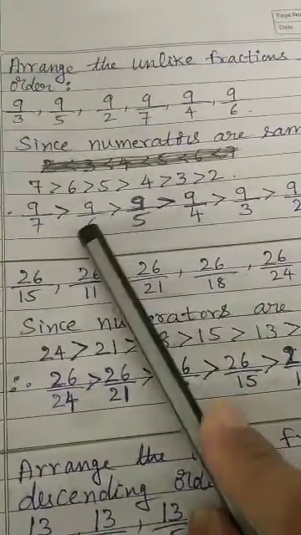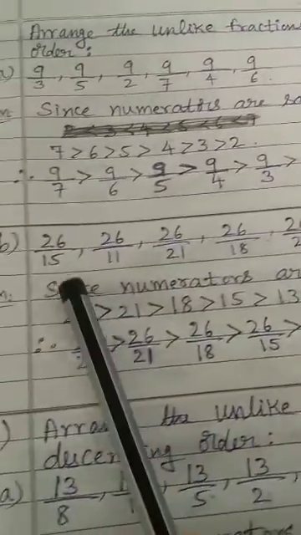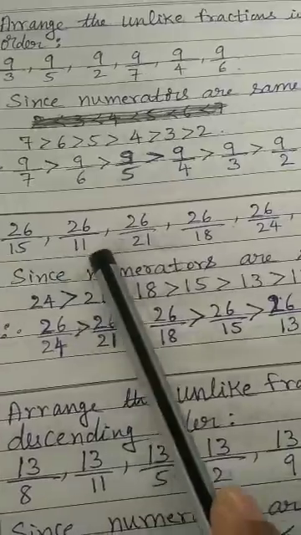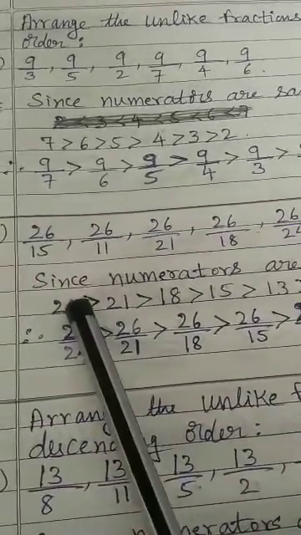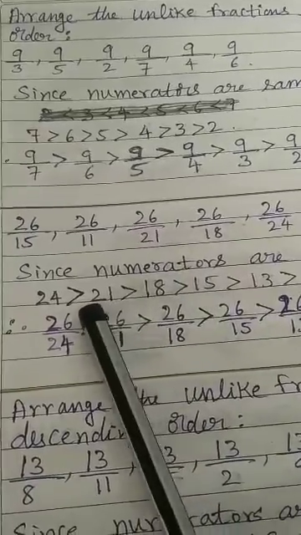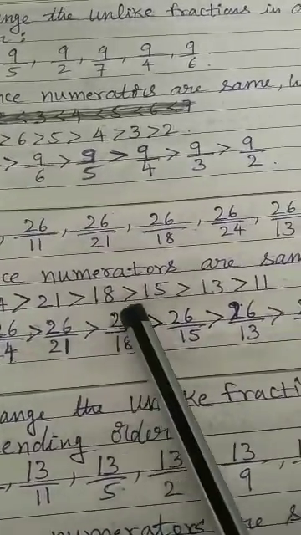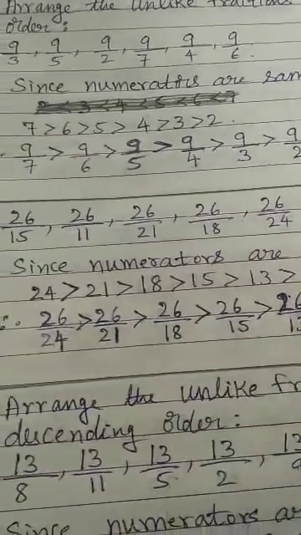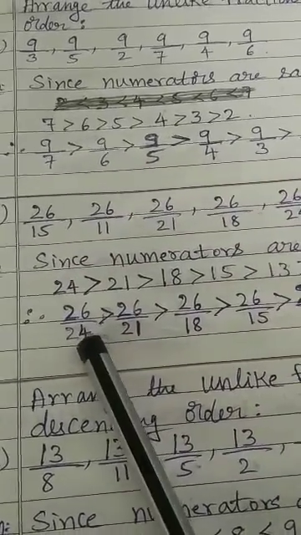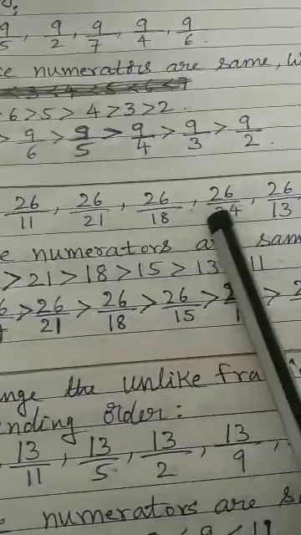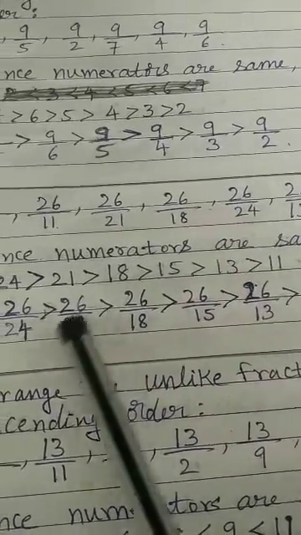So these are from small fraction to big fraction. Next, the denominators are different. It is an unlike fraction. Numerators are same. Arrange the denominators 24, 21, 18 like this. You put this greater sign. Afterwards 26 by 24. 24 means where, see this 26 by 24.